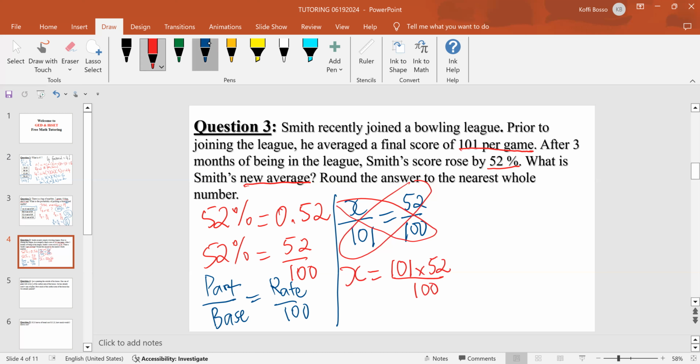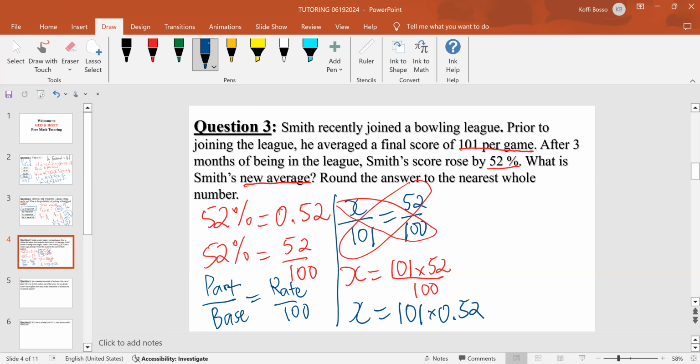Another way to do it: x here is just to take 101 and multiply by 0.52.